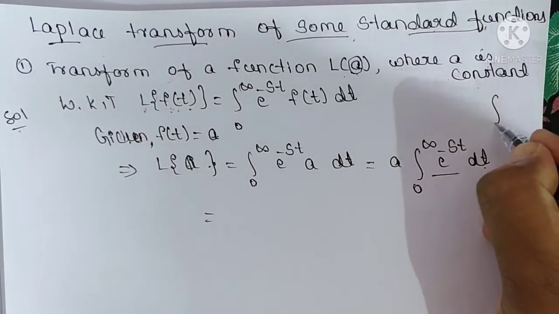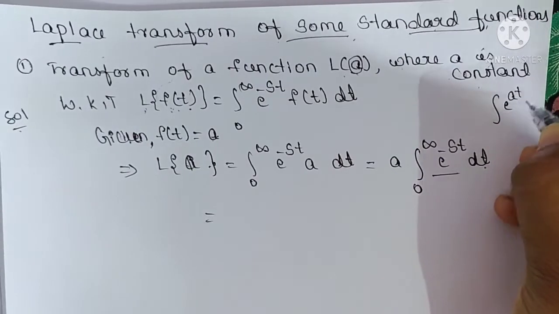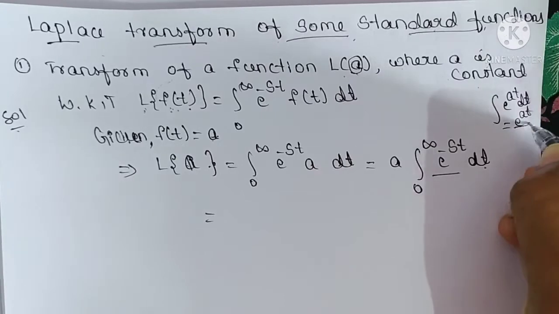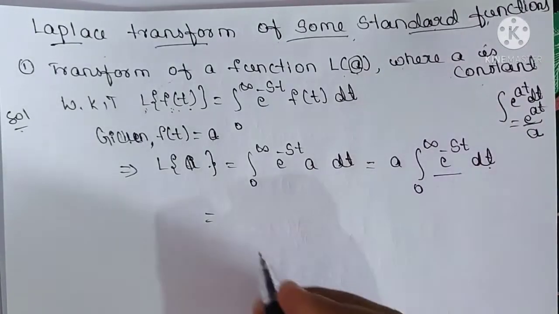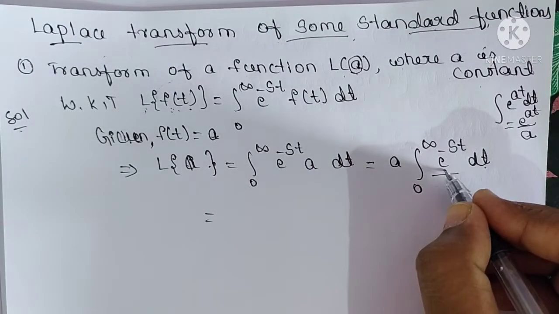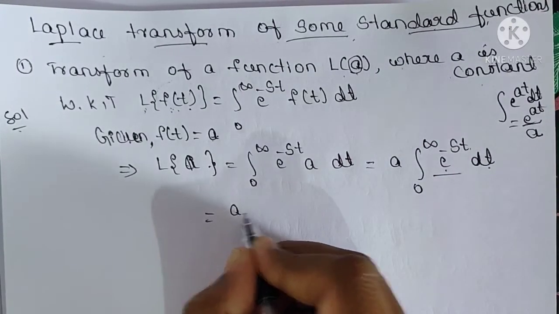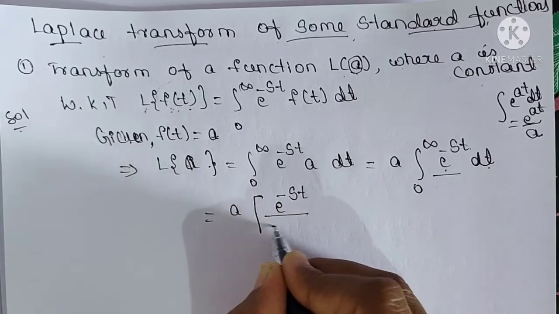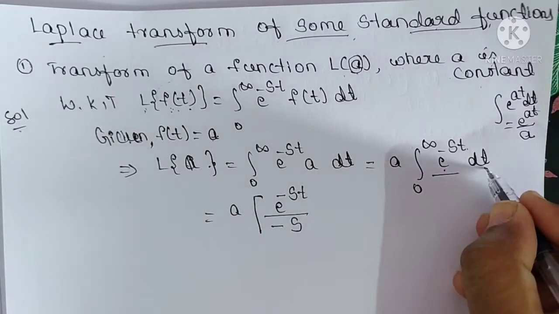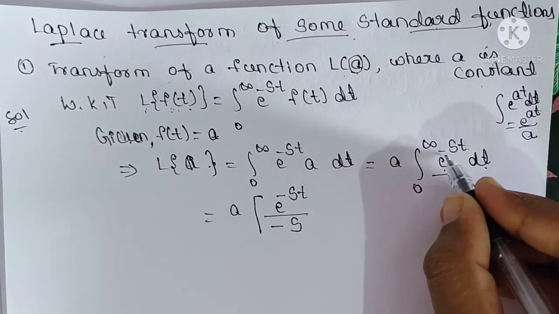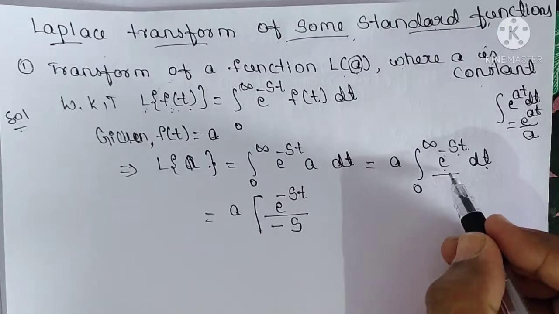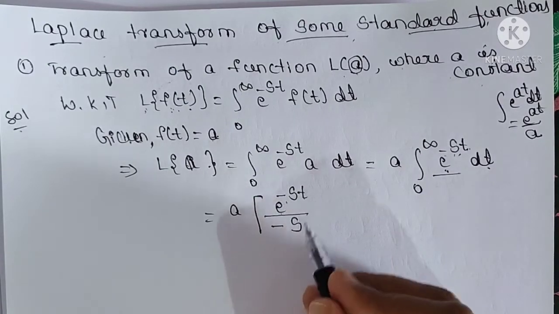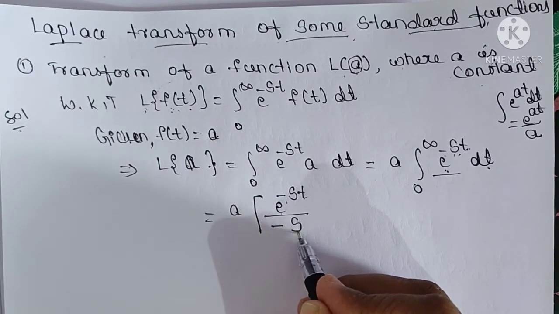See, the integration of e power at dt is equal to e to the power of at divided by a. Here, integration of e power minus st is e to the power of minus st divided by minus s. Here we are integrating with respect to t. Minus s is constant. Therefore integration of e power minus st is e power minus st divided by minus s.